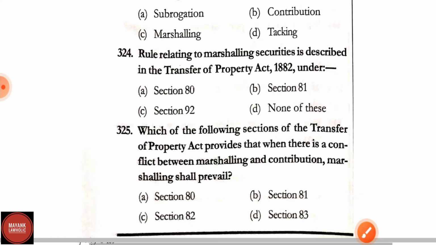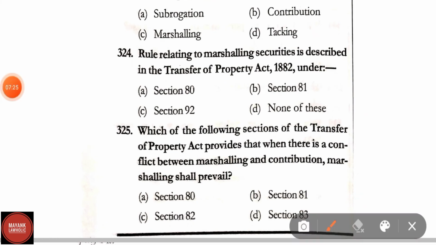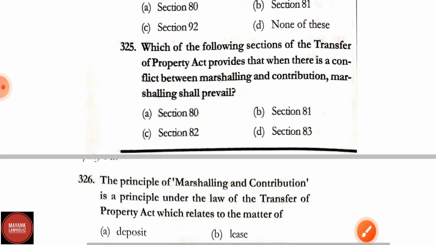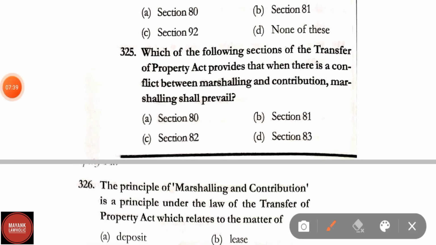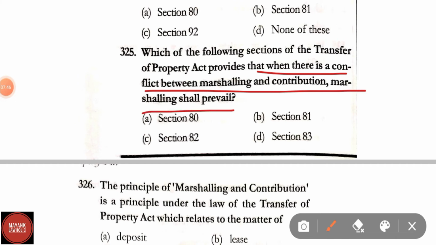Question number 324. Rules relating to marshalling securities is described in TPA under section 81. In section 81, rules relating to marshalling securities is described. Question number 325. Which of the following sections of TPA provides that when there is a conflict between marshalling and contribution, marshalling shall prevail?